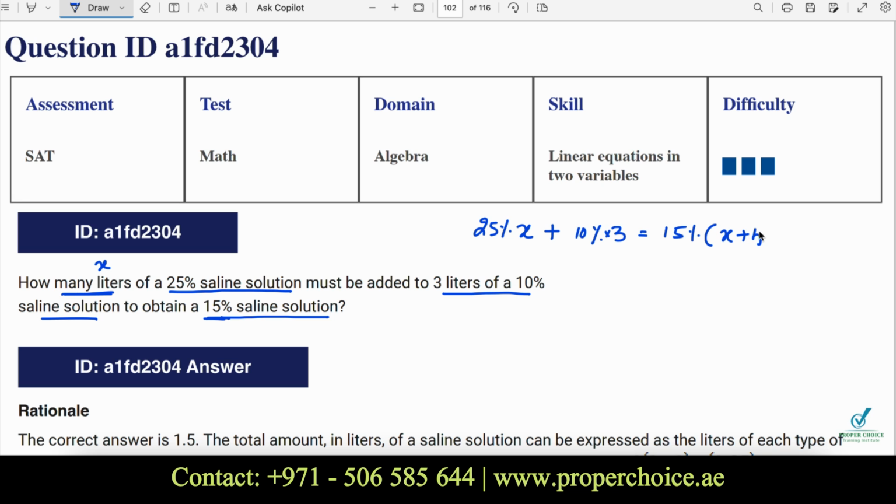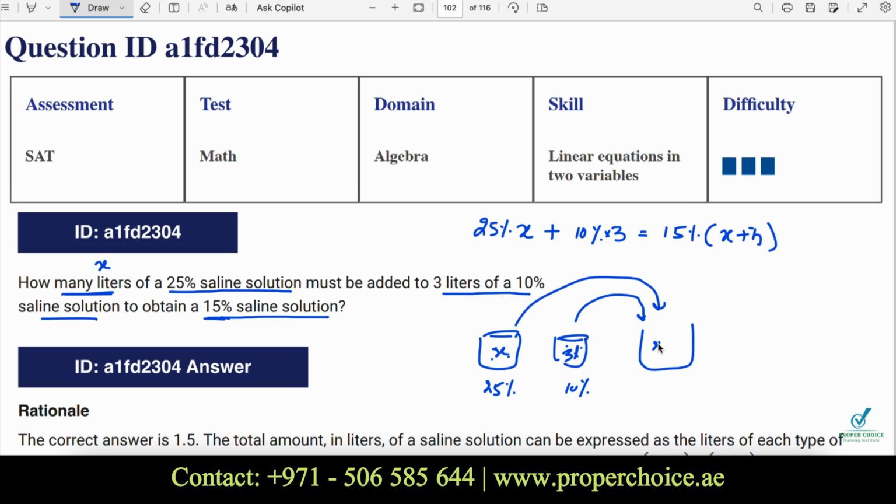So it's a combination of one solution with x liters and another solution with 3 liters, and when you are mixing them together, this is 25% saline and this is 10% saline. When both are mixed together, the quantity here will be x plus 3 in total. So to maintain this at 15% saline solution, how many liters of x solution should be added? That's the question.